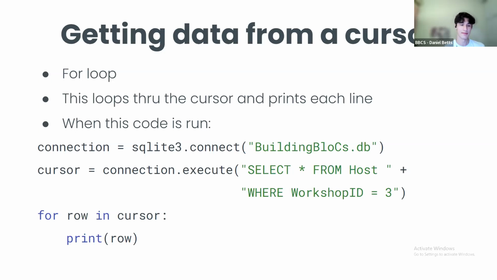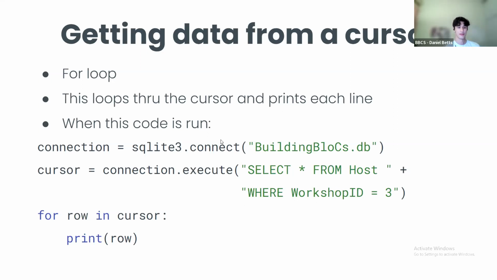So there are actually a couple methods. So the first method is quite simple. It's just a for loop. Because the cursor is somewhat like a 2D array object. It's just that we cannot print the whole cursor out in one go. So instead, we can go through the items in the cursor, which in this case is the data which we are actually getting.